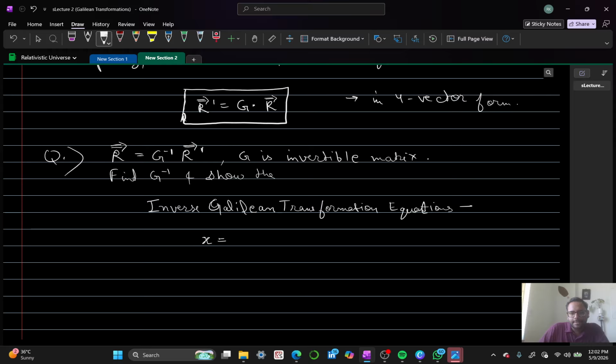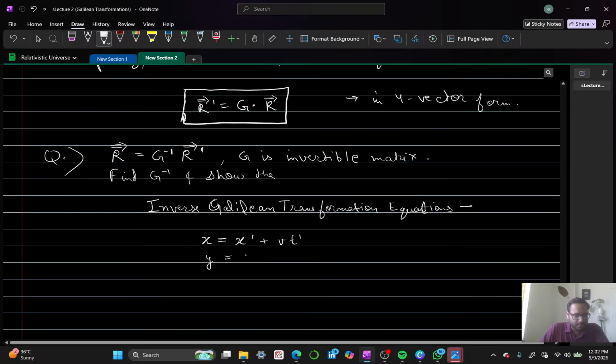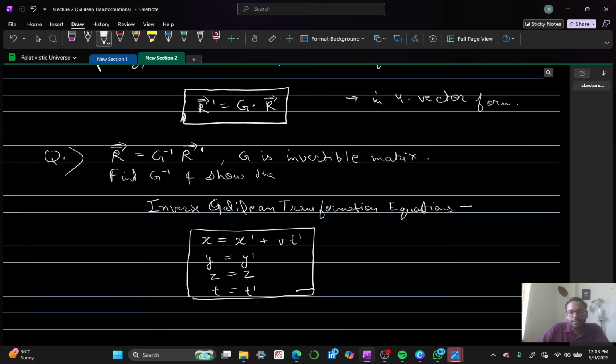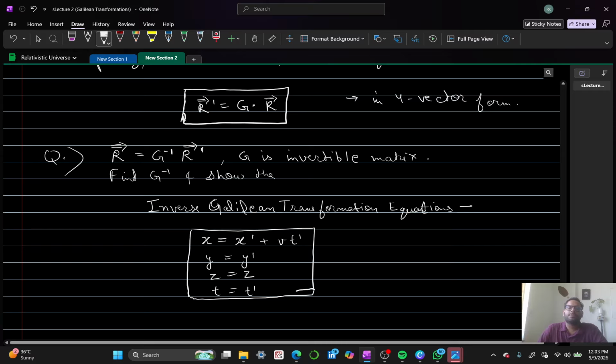Can somebody guess what the inverse equations will be? Plus Vxt instead of minus Vxt in the x component. Yeah, these are simple. You just have to find the inverse of the matrix, or you can write these equations directly from your first equations. You just need to consider the right reference frame.